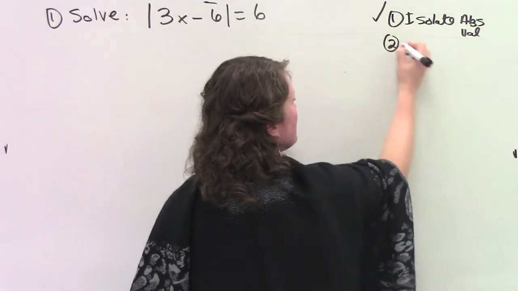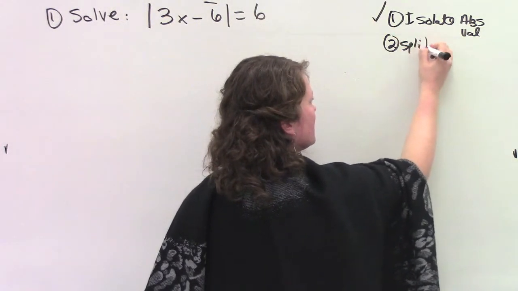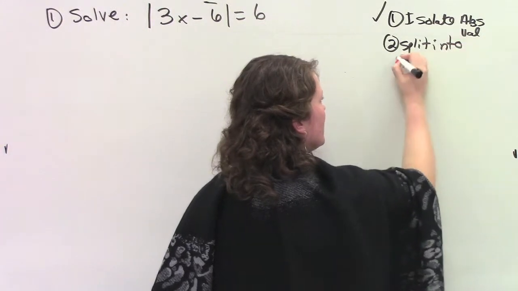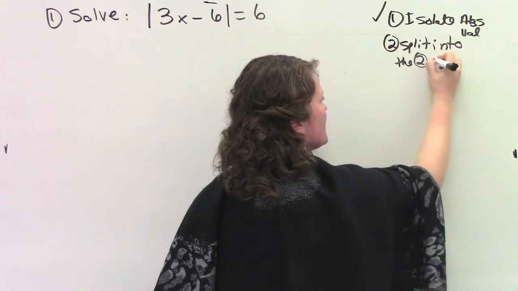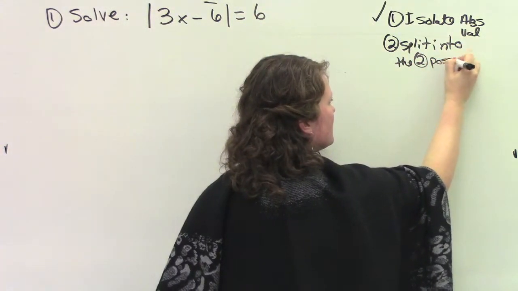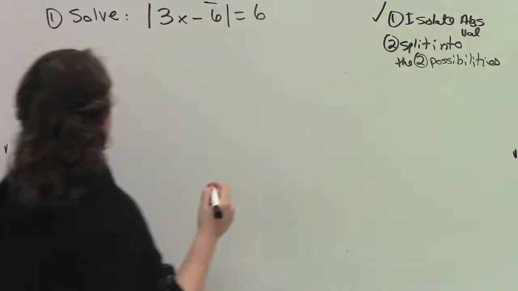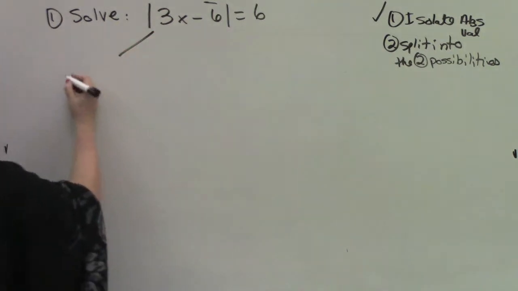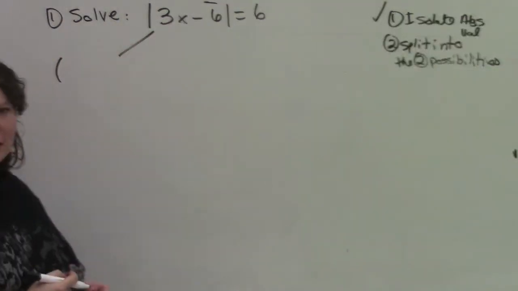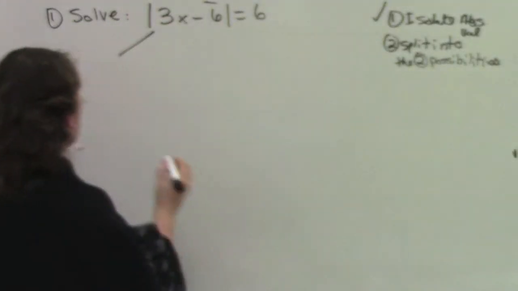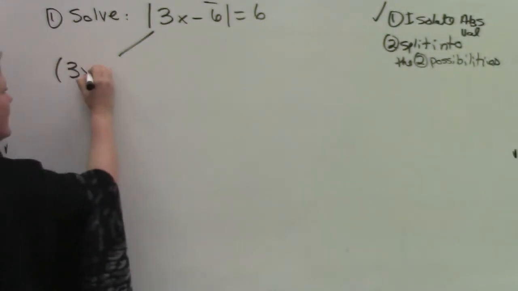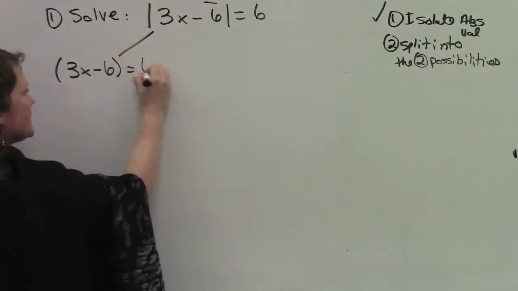Step 2, split into the two possibilities. That means we split it into this being positive. What I like to do is put brackets around it. So 3x minus 6 equals 6.